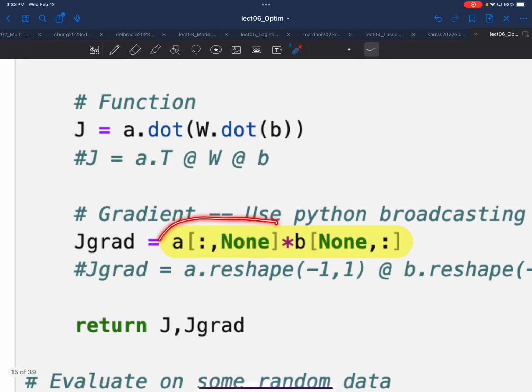You can think of this as saying, I start with a 1D array. I want that to go down the rows of some matrix. And as for the columns of the matrix, I'm just going to copy that same first column over and over again, as many times as are needed for the remainder of the operation.